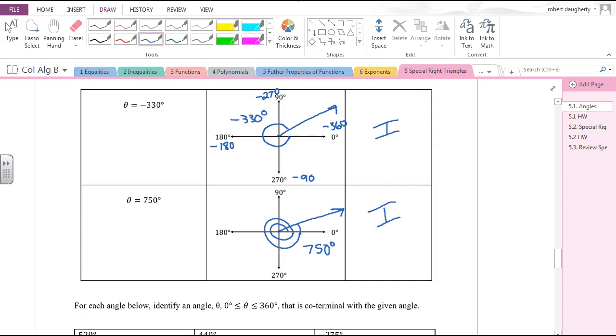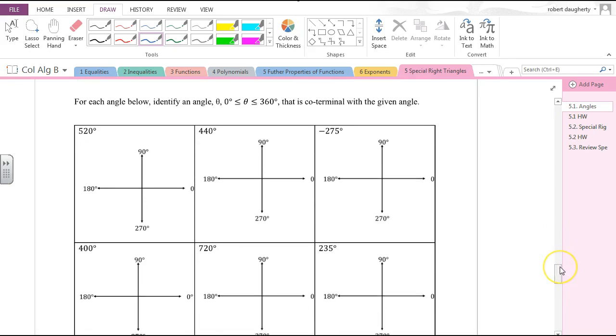So this is just the terminology of how we measure angles. We always start at 0. Positive angles go counterclockwise. Negative angles go clockwise. Now, the reason we do this is because when you look at angles, a 750 degree angle is going to behave a lot like a 30 degree angle, because a 750 degree angle is two revolutions plus how much?